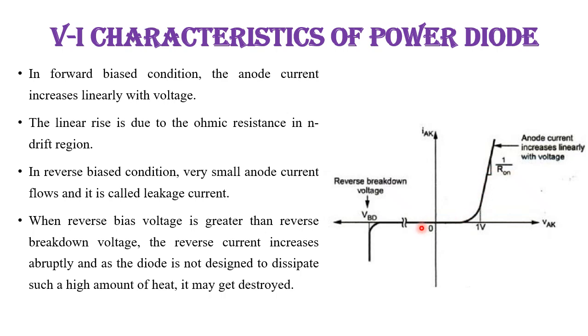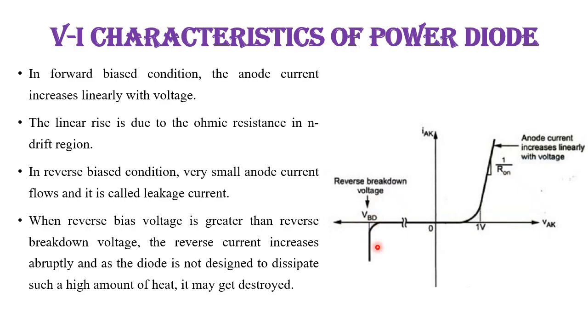In reverse bias condition, there is a small leakage current, which is not shown here. When the reverse bias voltage is greater than the reverse breakdown voltage, which is decided by the N minus drift region, the reverse current increases rapidly. If the drift region is very wide, then this breakdown voltage will be high.